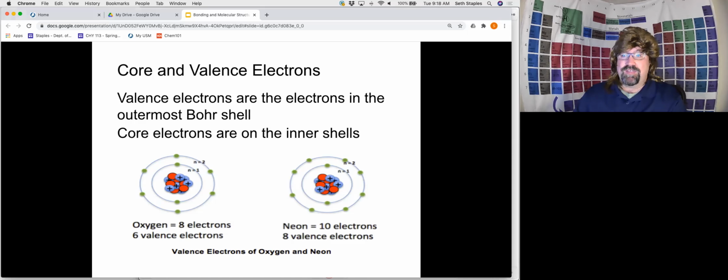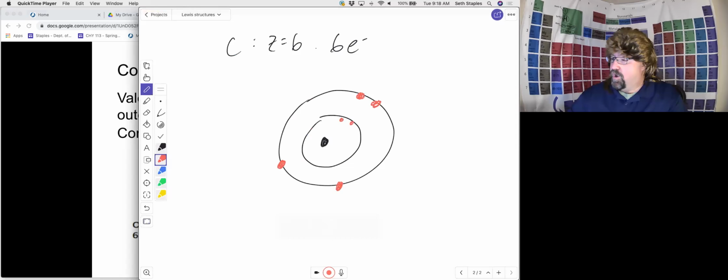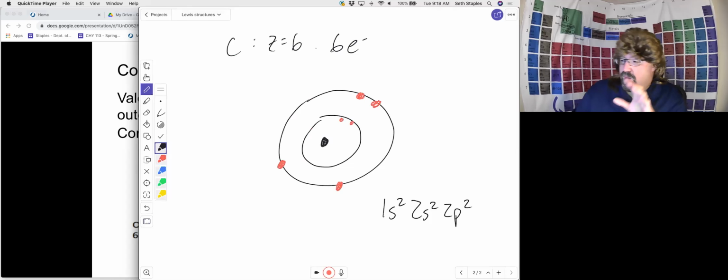When we're looking at the example of carbon, at these 4 electrons here, we're not paying any attention to the fact that, if we look at the electron configuration, 1s2, 2s2, 2p2, when we're determining core and valence electrons, it doesn't matter that these 4 are in an s sublevel and a p sublevel.